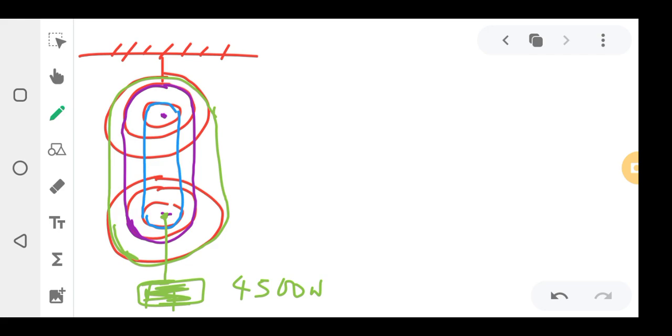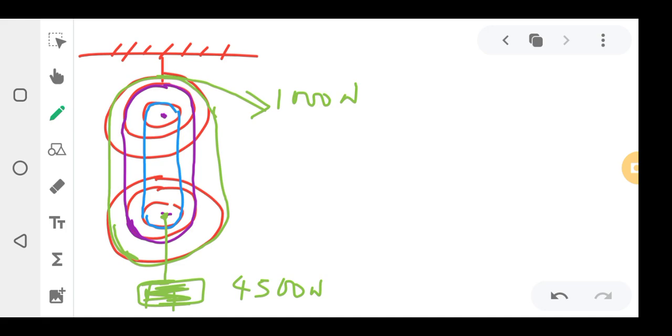And then on this side you have got a force of, let's say, 1,000 newtons.